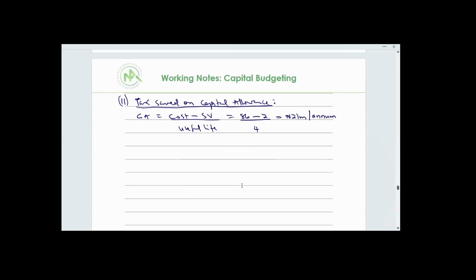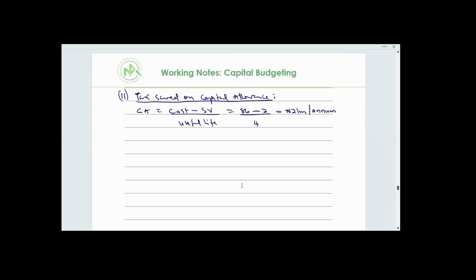Now that you have the capital allowance, you need to calculate tax saved on capital allowance. Tax saved on capital allowance is capital allowance multiplied by company tax rate. Therefore, 21 million naira multiplied by the company tax rate, which is 35%.